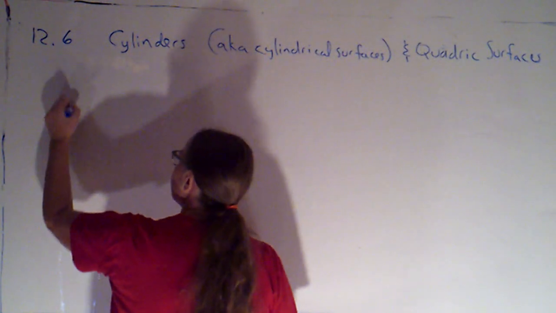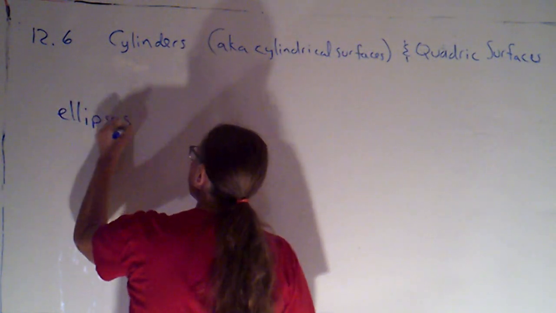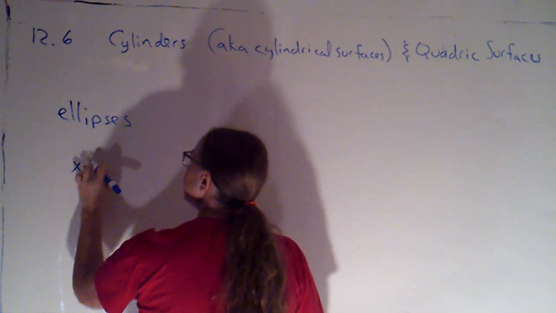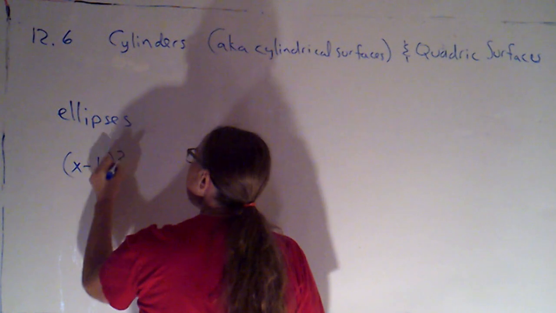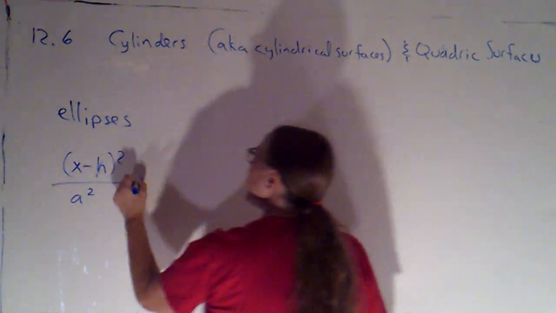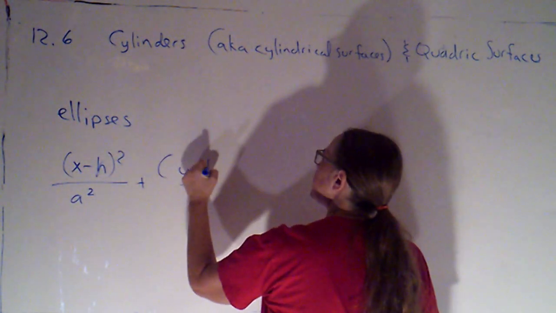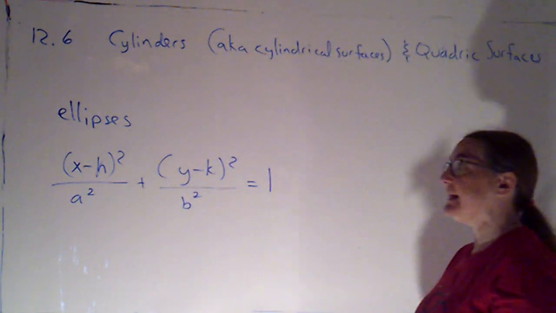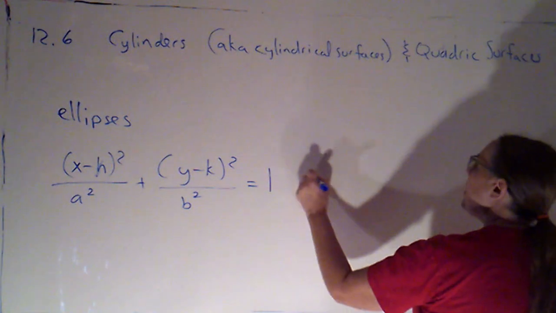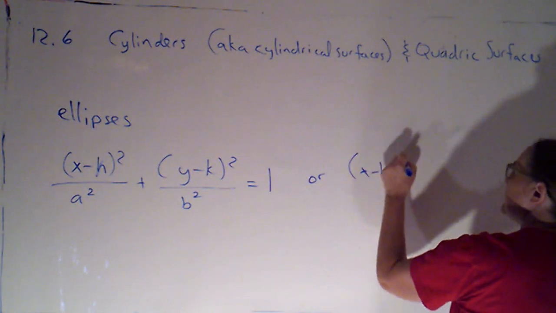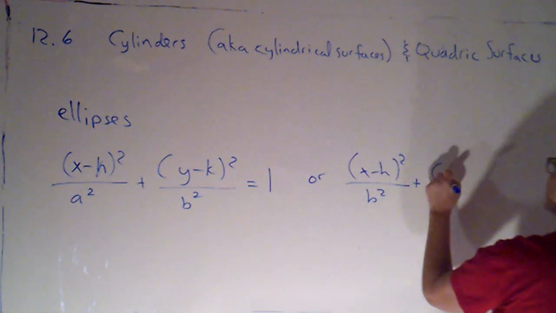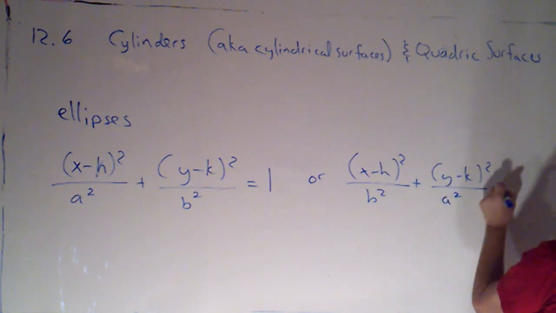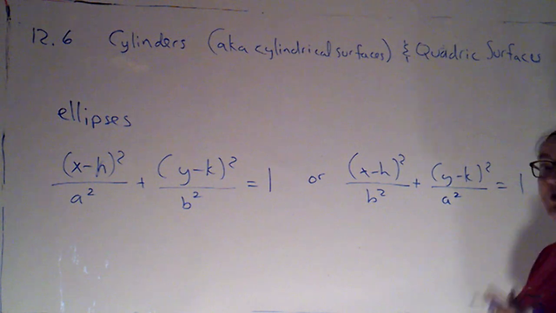Let's start with ellipses. Ellipses are going to have, as the standard form of their equation, either (x minus h) squared over a squared plus (y minus k) squared over b squared equals 1, or (x minus h) squared over b squared plus (y minus k) squared over a squared is equal to 1.